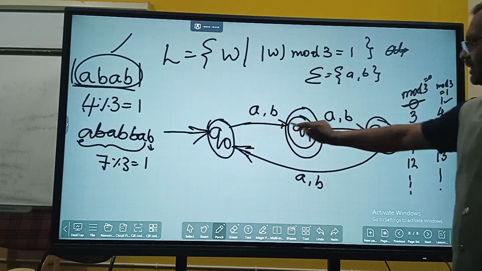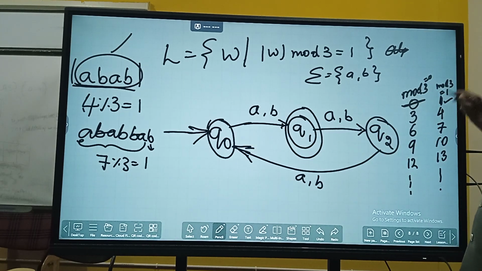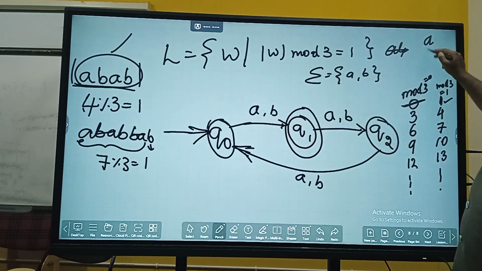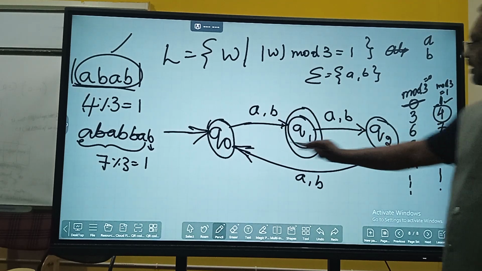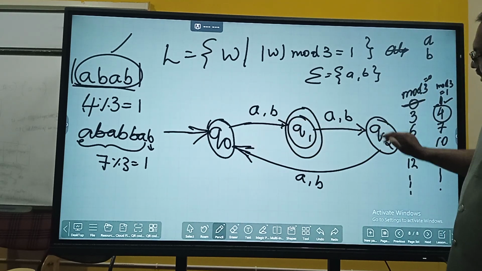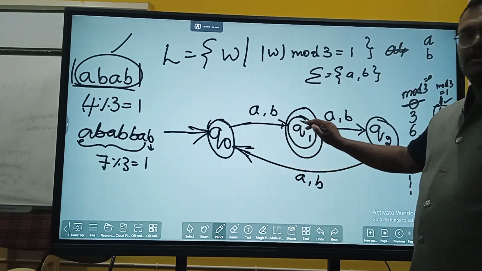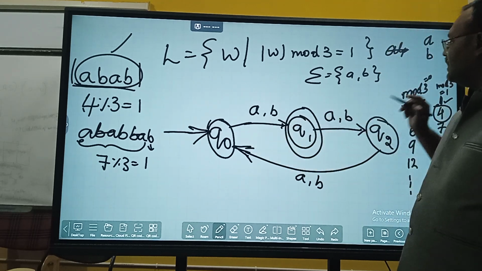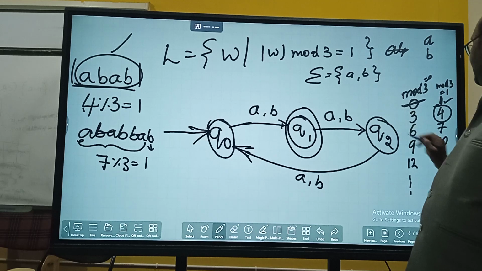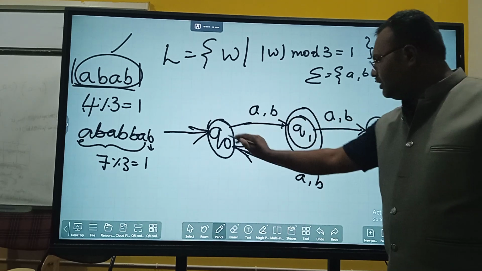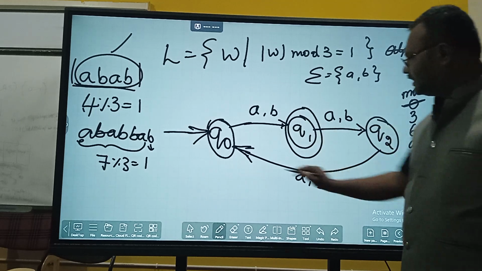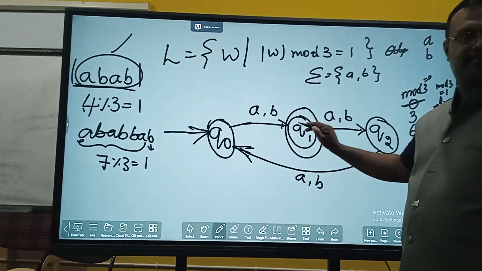Yes, it is accepting the length 1. See here, if the string is A, it is accepting. If the string is B, it is accepting. If it is length 4, first, second, third, fourth, it is accepting. If the string length is 7, 1, 2, 3, 4, 5, 6, 7, it is accepting.